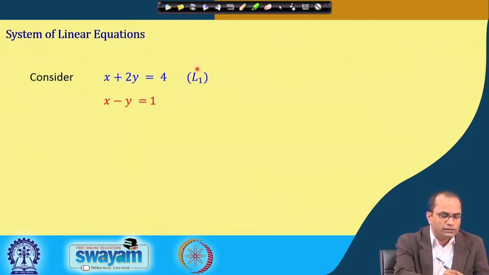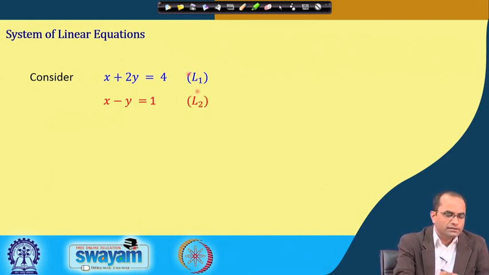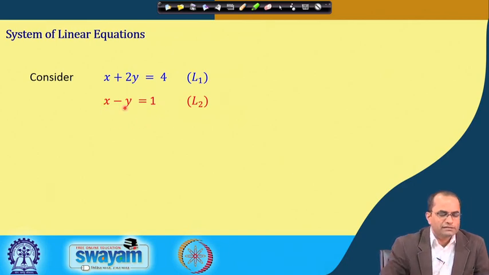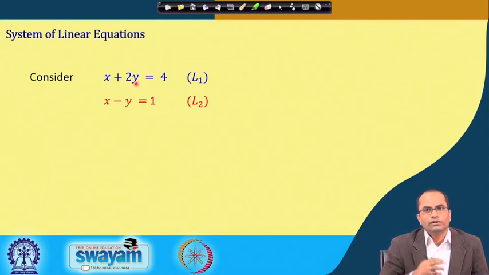Let us call the first equation L1, because this is the equation of a line, and this is L2, the equation of the second line, given by x minus y is equal to 1. When we consider only two variables x and y, the equations of the system are nothing but the equations of lines.